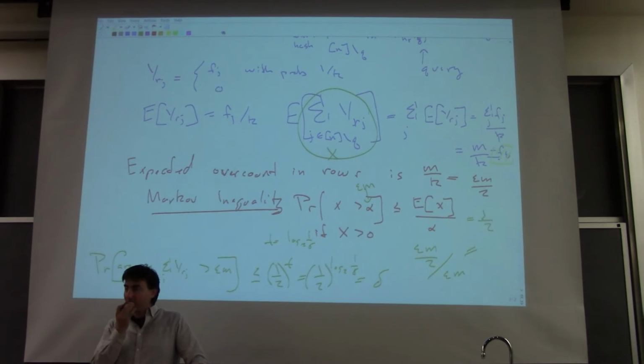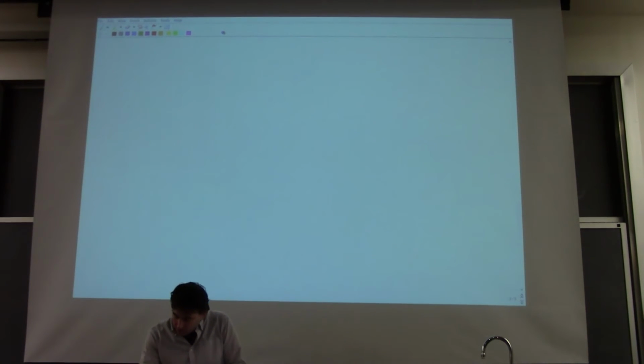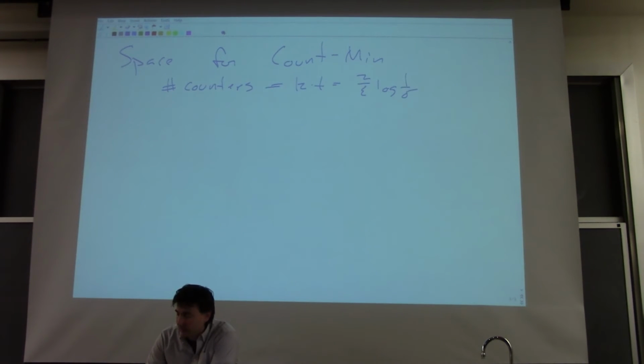Very simple to use. Okay, so how much space did we use for this thing? What is the space for the Count-Min sketch? So how many counters? The number of counters was equal to k times t, which is equal to 2 over epsilon times log 1 over delta.